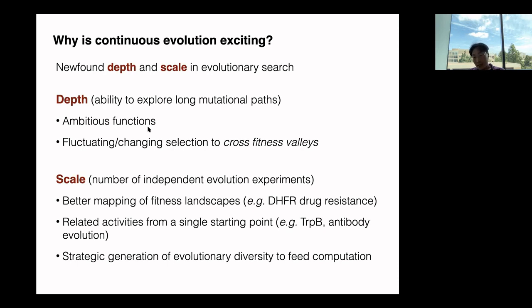If you want related activities from a single starting point, of course, you need to be able to scale those experiments. And one of the things we're very interested in now and working with collaborators on is to use the scale that's accessible to continuous evolution to generate a lot of functional sequence data of different levels to feed computation, right?